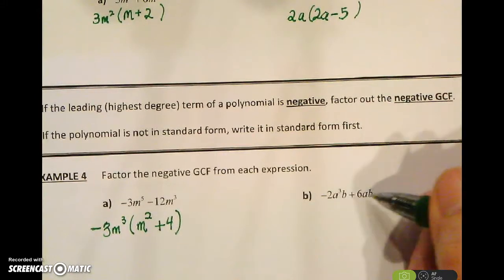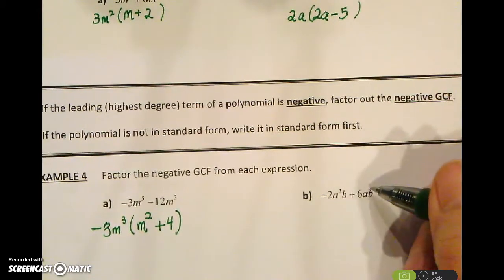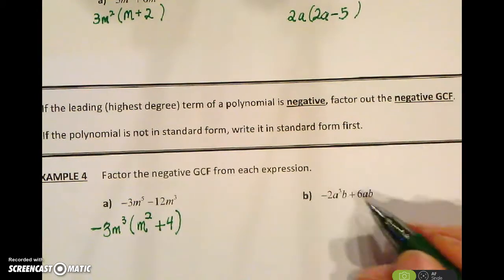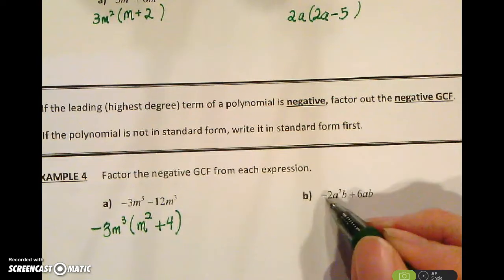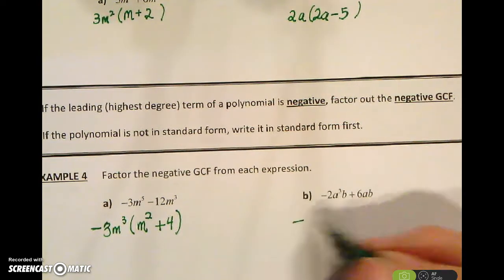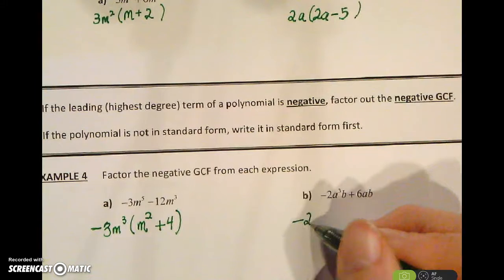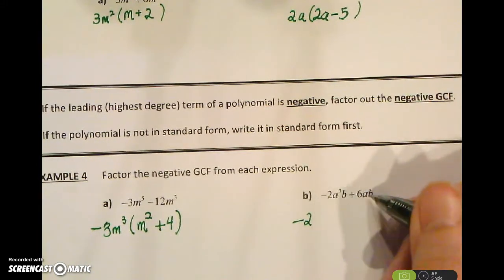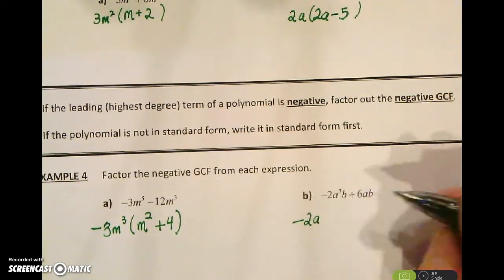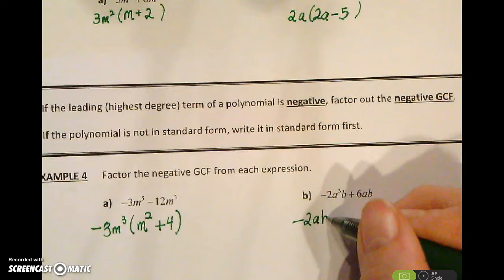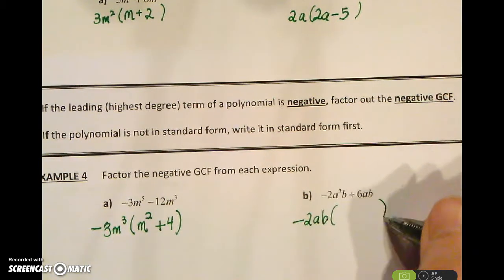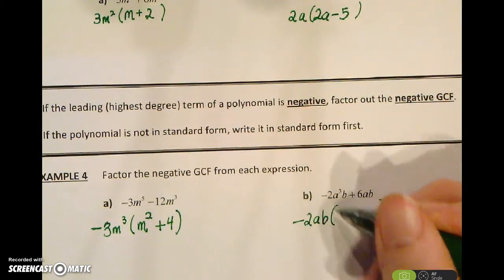For B, it's kind of odd, but you see again it's a cubed, so it's in order. My leading coefficient is negative, so I will take out a negative, and 2 does go into both of those. So I'm going to take out a 2. For my a's, it looks like they only have 1 in common, and they also both have 1 b in common. So negative 2 times what is negative 2?